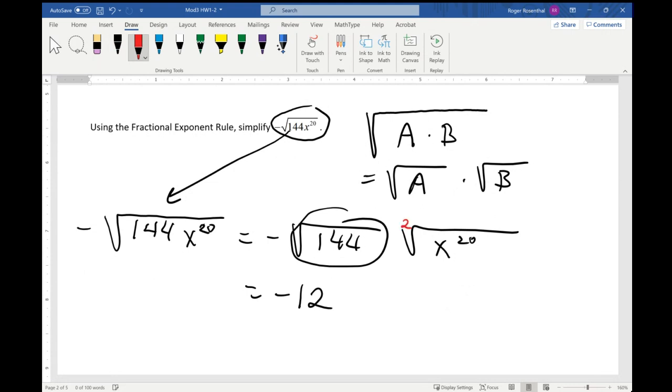Remember, there's secretly a 2 there when you have a square root. In other words, when nothing is showing there for the index, it means you really have a 2. And if you remember what we did last time, the radical disappeared, and we divided the power by the index, and 20 divided by 2 gives you 10. And so the answer to this is negative 12x to the 10th.